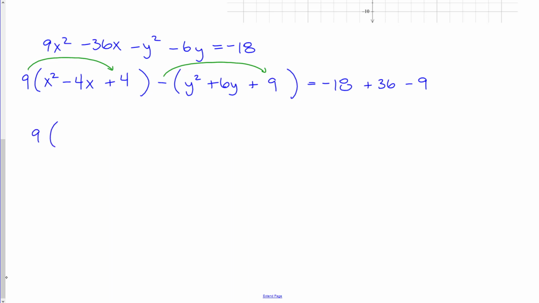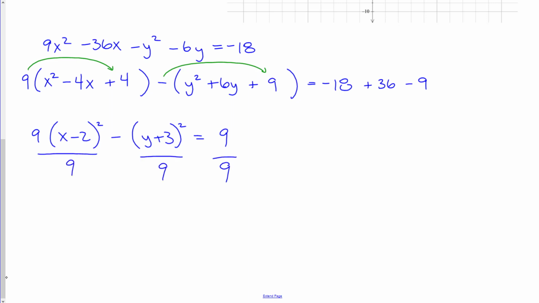So I now have 9 times x minus 2 quantity squared minus y plus 3 quantity squared. The negative 18 plus 36 would be positive 18 minus 9 would be 9. Then I'm going to divide everything through by 9.